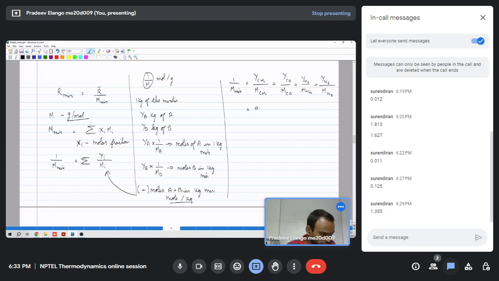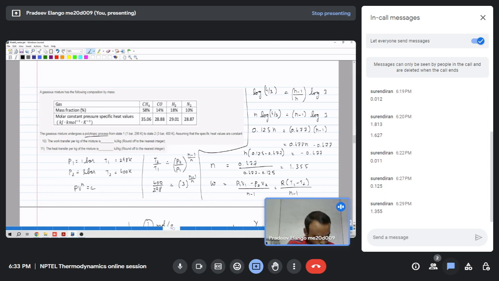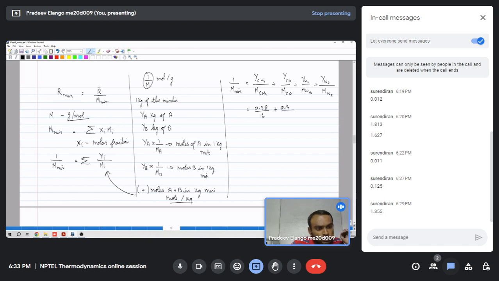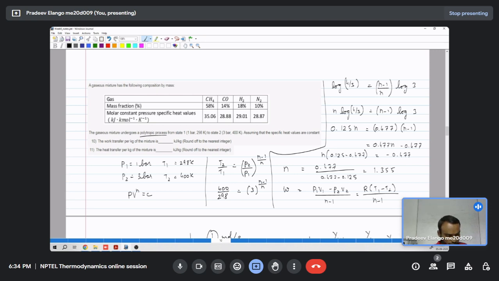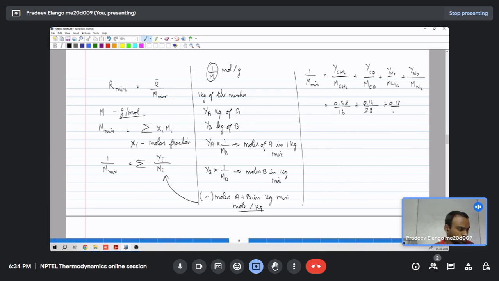So this is 0.58 divided by molecular weight of methane, which is 12 plus 4, that is 16, plus the mass fraction of carbon monoxide, 14%, so 0.14 by molecular weight of carbon monoxide, 12 plus 16, that is 28, plus for hydrogen we have 18%, that is 0.18 by 2, plus for nitrogen we have 10%, 0.1 divided by the molecular weight of nitrogen, which is 28.